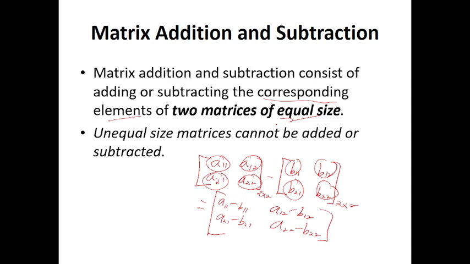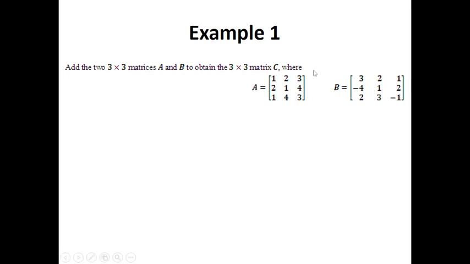Now, for example, if I have this problem: add the two 3 by 3 matrices A and B to obtain the 3 by 3 matrix C, where A is equal to this matrix and B is equal to that matrix.